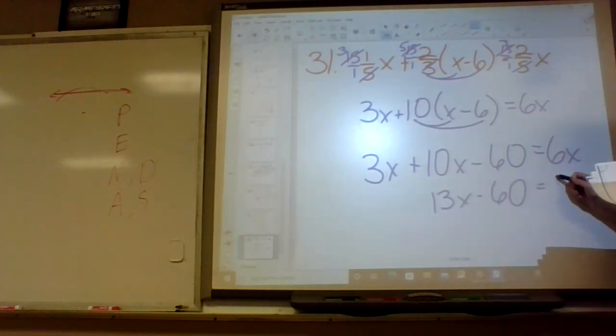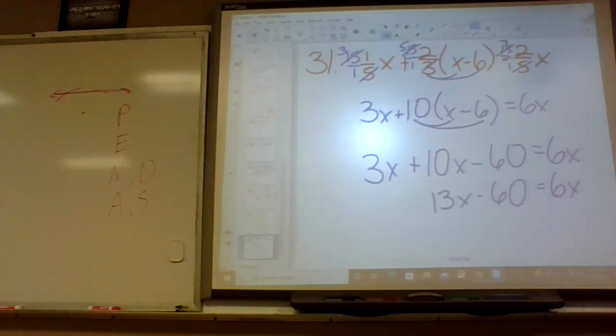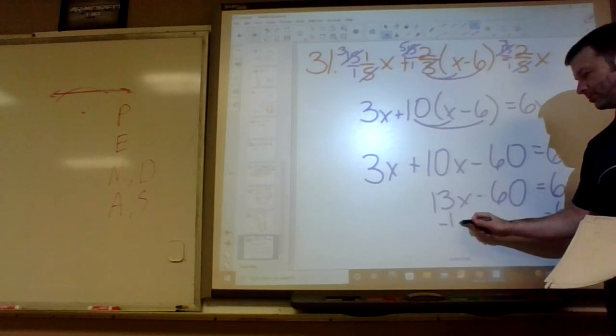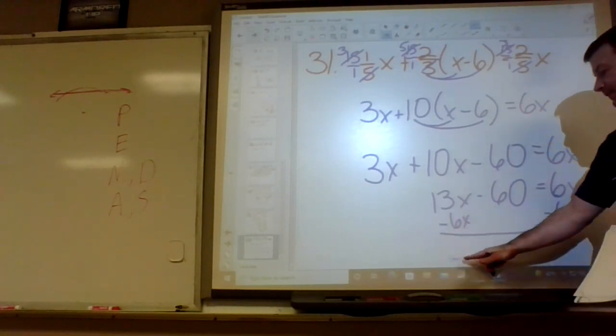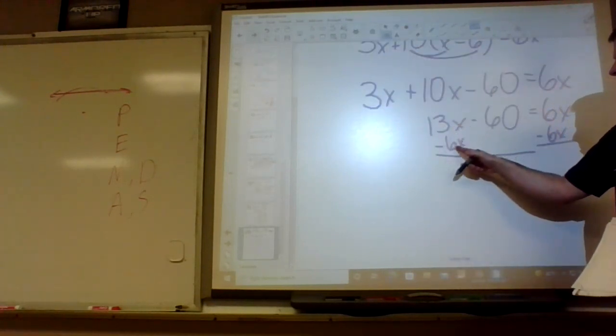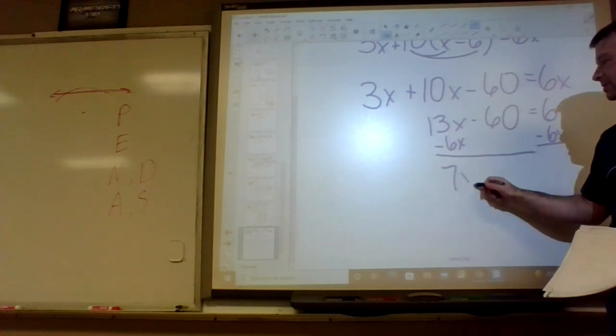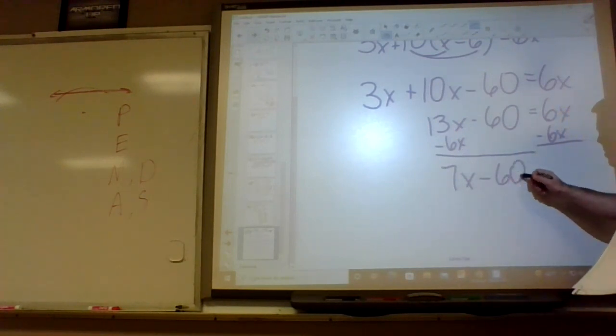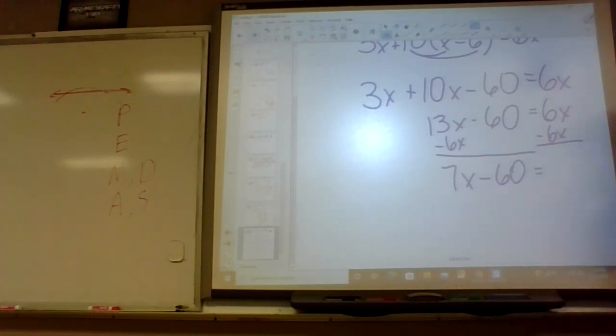Also, I see that we have x's on both sides. Get rid of them. Subtract 6x, that would work fine. We could also subtract 13x, which would have made it a little shorter, but let's go this route. 13x minus 6x is 7x, and what's going to be on the right side? 0.